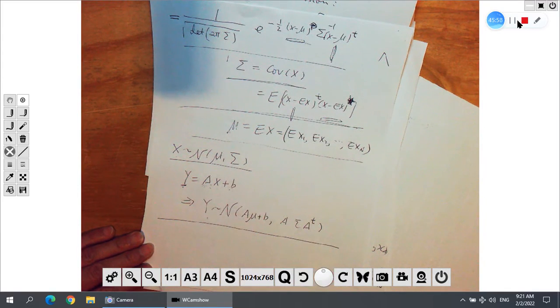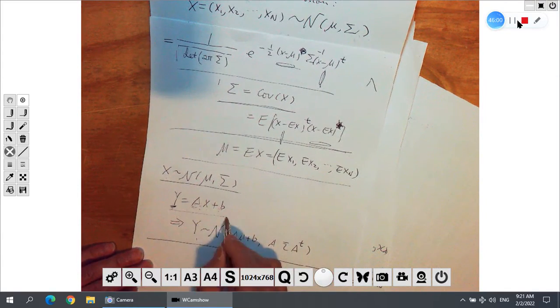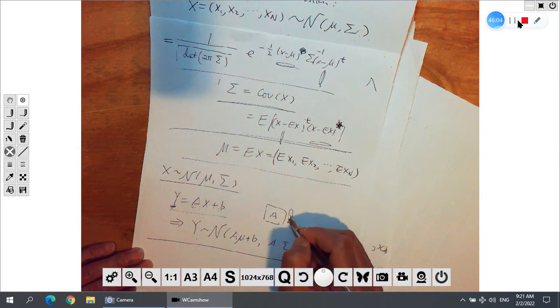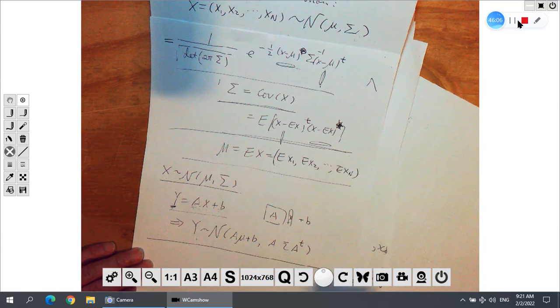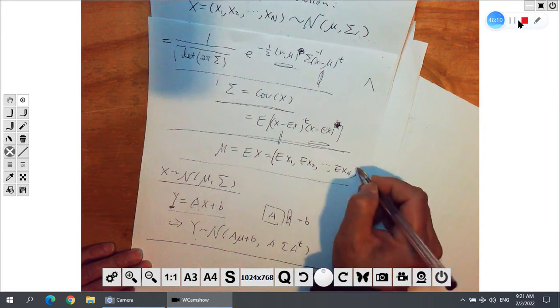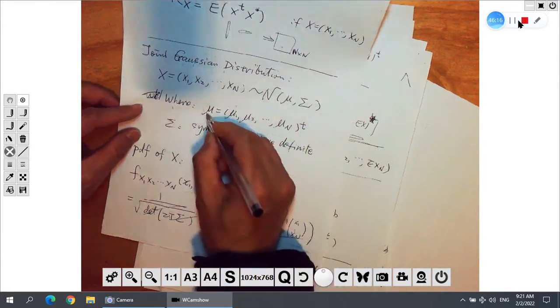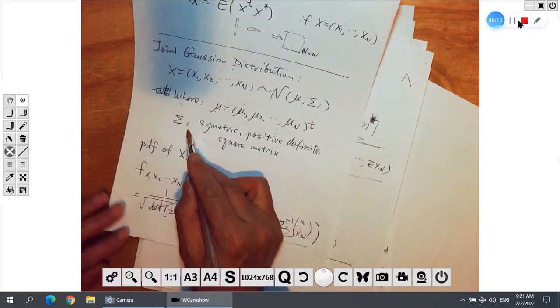Here I need a column: if A is a square matrix and X is a column plus b. The mu is a column vector. This is a square matrix, doesn't matter.